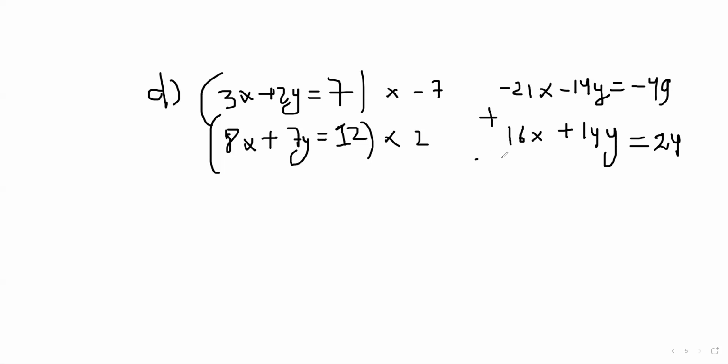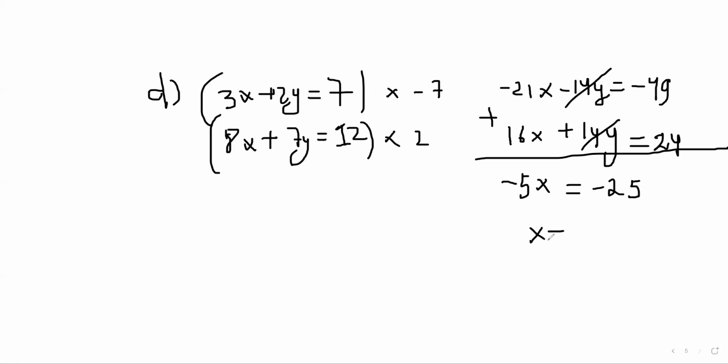Now let's add. Minus 21x plus 16x is minus 5x, and this time the y's cancel. Minus 49 plus 24 gives minus 25. So directly we get x equals 5.